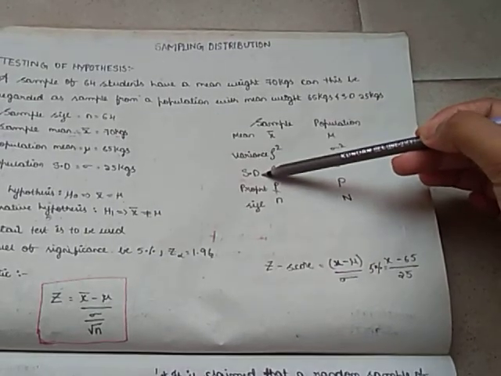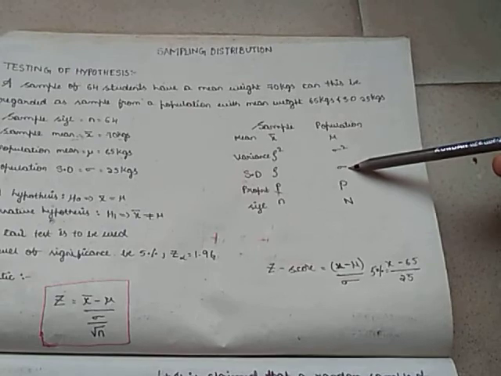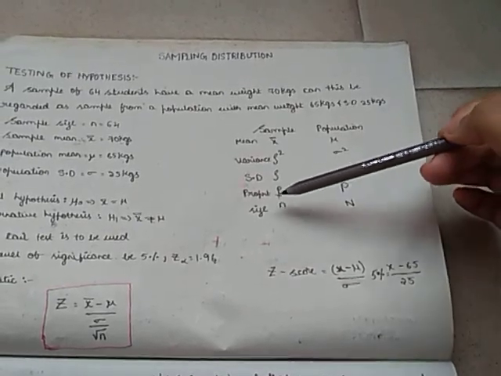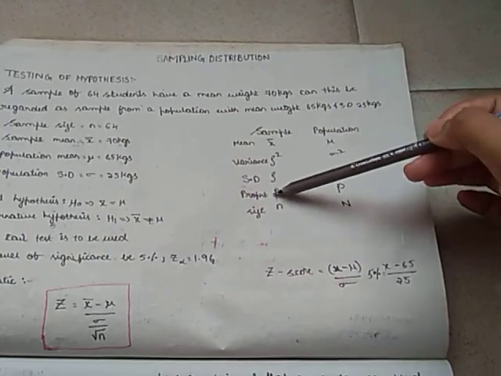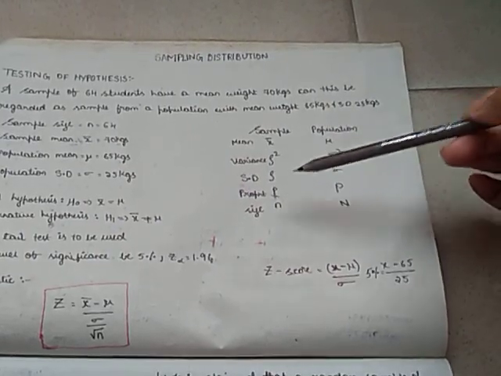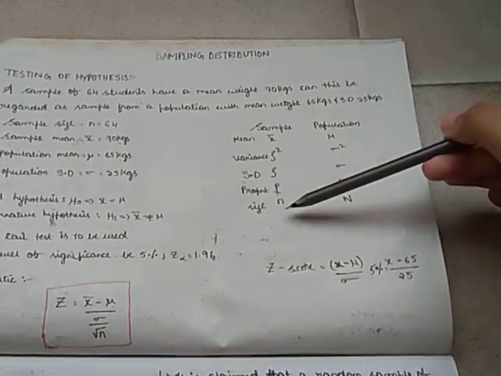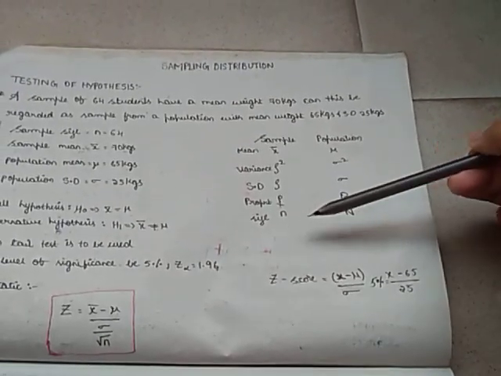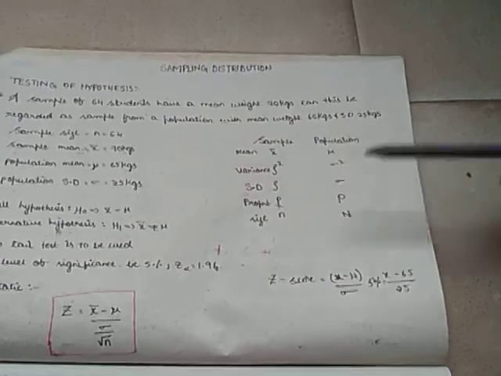Standard deviation is represented in sample as s and in population as sigma. Proportion is denoted as small p, and in population as capital P. Size is denoted with small n, and in population as capital N.